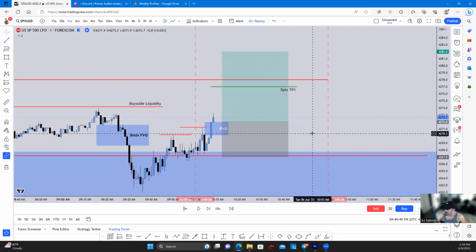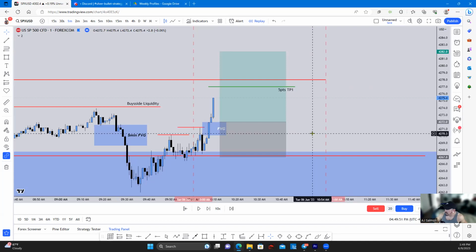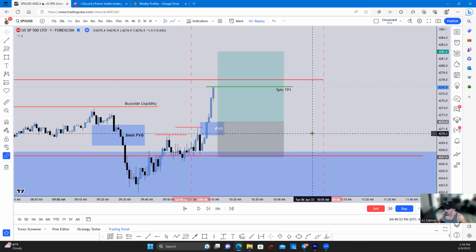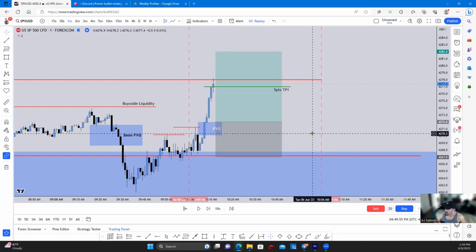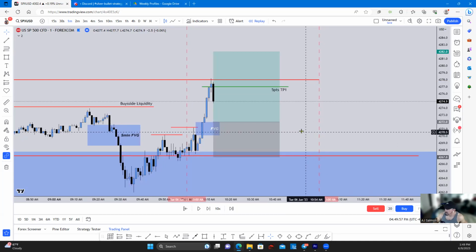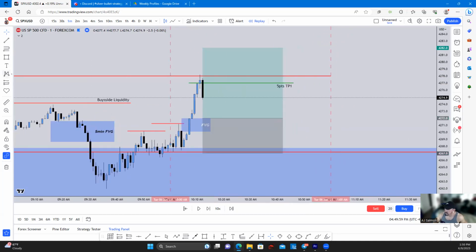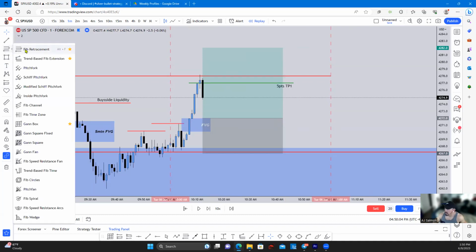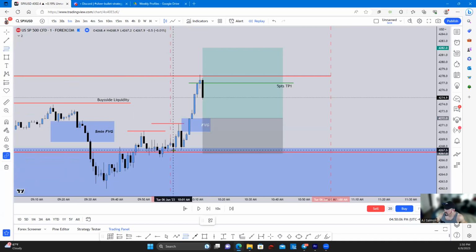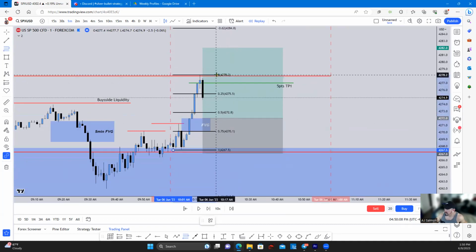Okay. So if we play price, does it give us an entry? We push higher, higher. Okay. So at this point is where I would want to pull out my fib here.